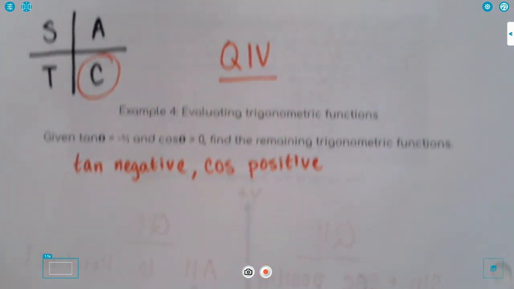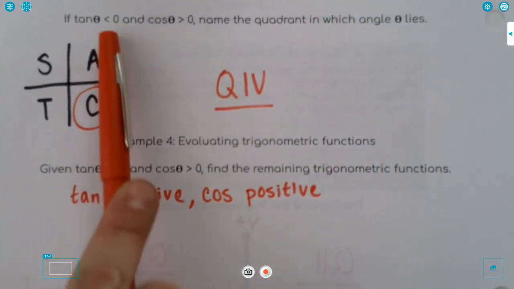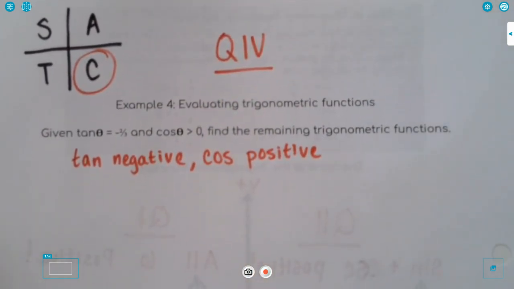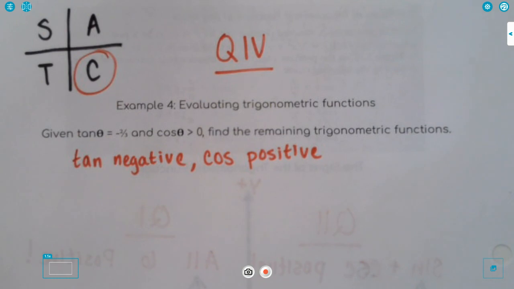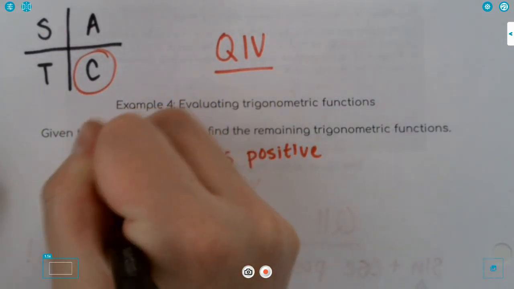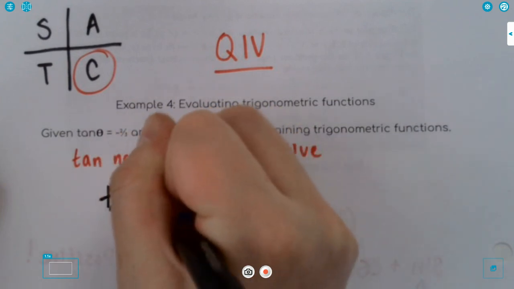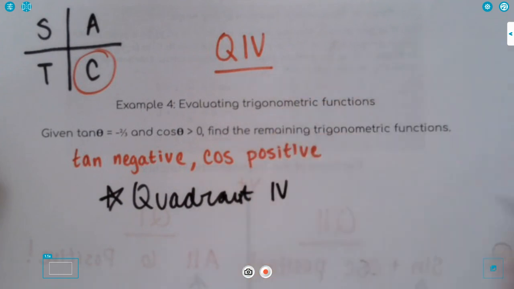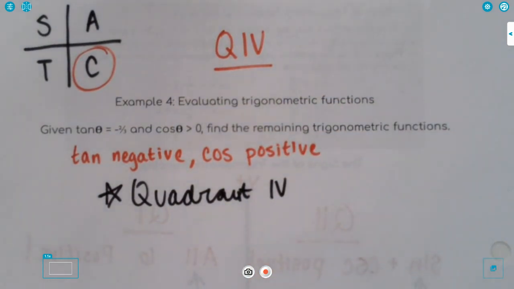This is the exact same as the example we just did. Tangent negative, cosine positive. So we can say, I know that this is in quadrant 4. So your first task is to figure out what quadrant it's in. This is in quadrant 4. That's literally the exact same as the previous example.